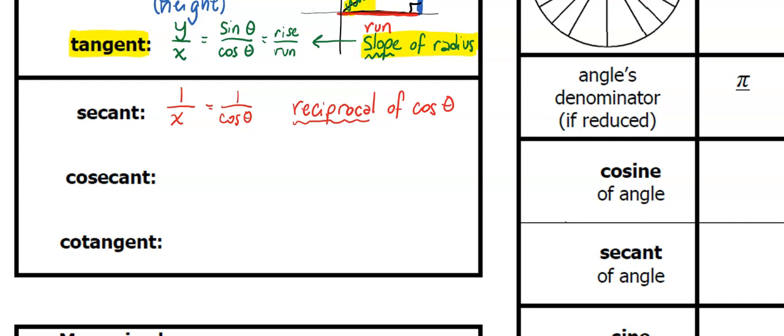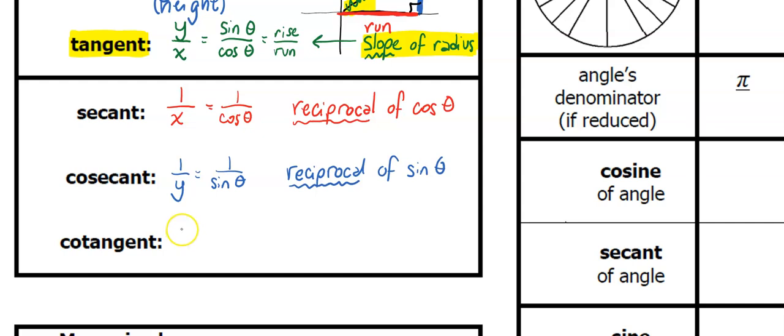Same thing for cosecant. Cosecant of an angle, you might have remembered that as 1 over the y-coordinate, which is 1 over sine of the angle, but really, it's just the upside down version, the reciprocal, of sine theta. So if you know sine of an angle, you automatically know cosecant by flipping it.